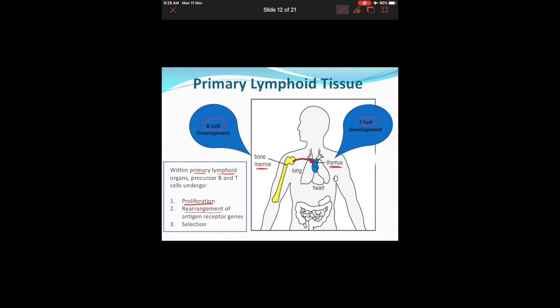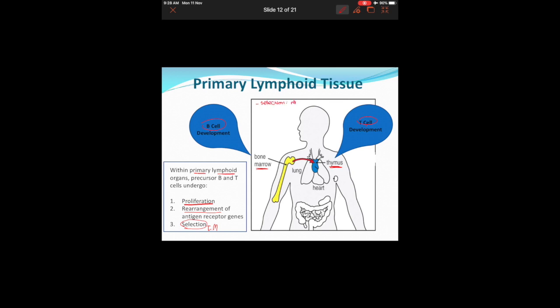And also within these primary lymphoid organs, you have this process called selection, which is important. By selection, we're talking about the process to remove any maturing B or T cells which recognize self-antigen with too high an affinity.